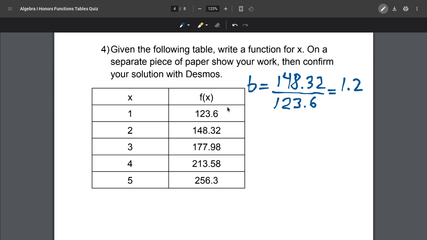Okay, so now if I take this 123.6, because to go to 148, I'm multiplying by 1.2. If I take this value and divide by 1.2, that's going to give me my initial amount. So 123, or another way to say it, it's going to give me the amount where x equals 0. So divide that by 1.2.